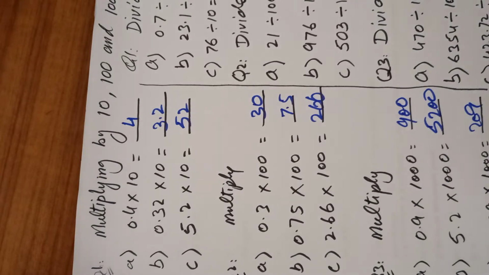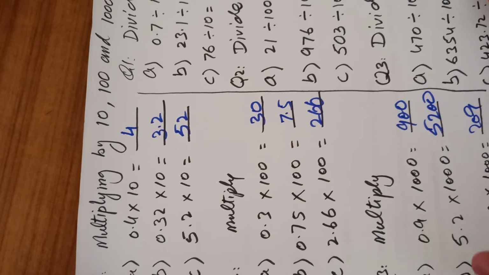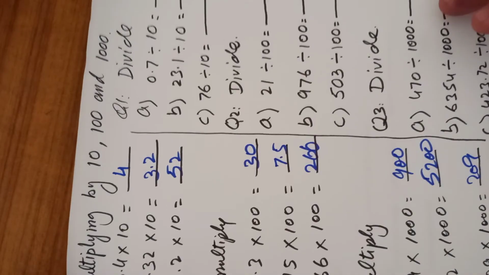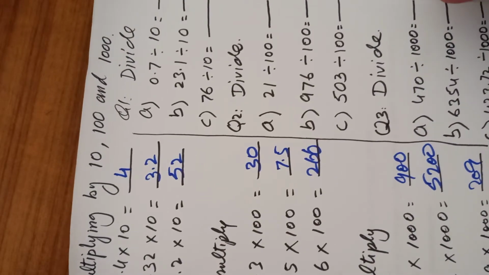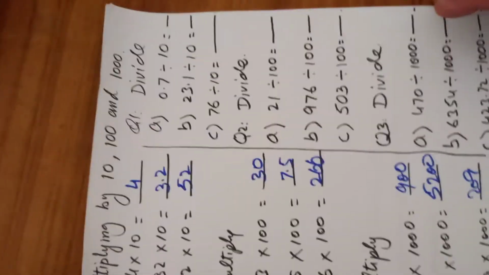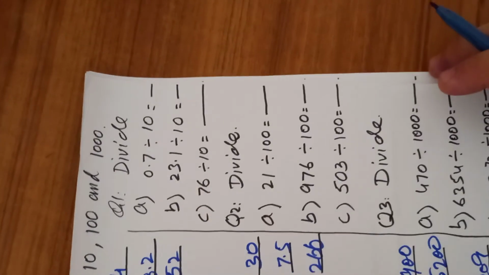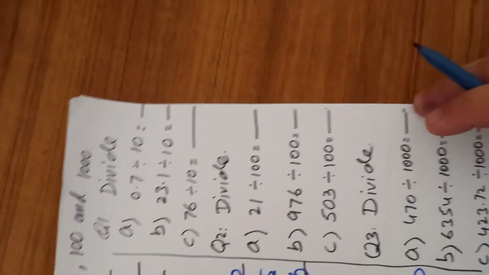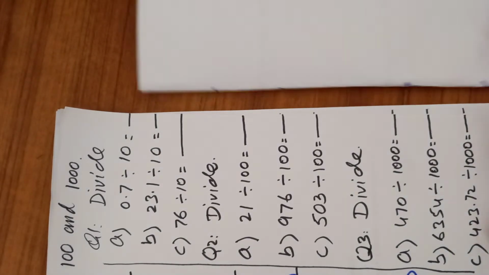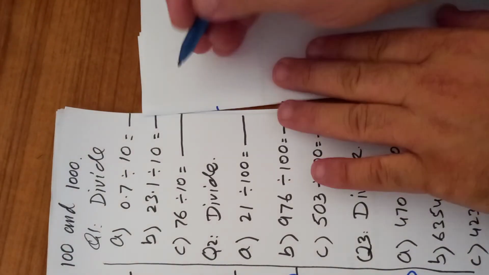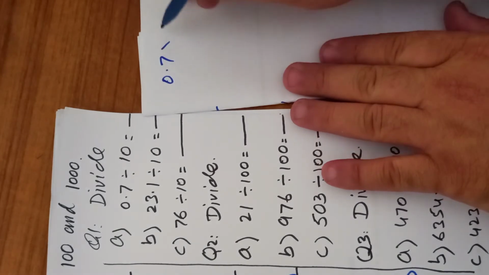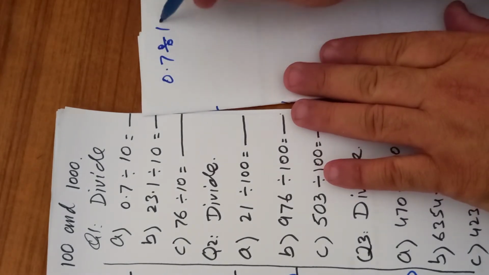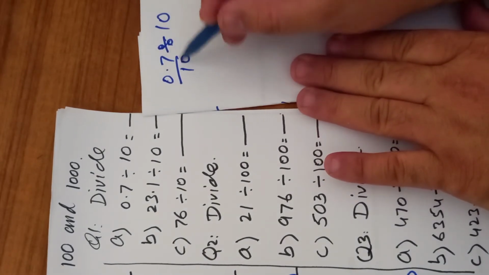So this is question number 1 for the division, you can see that we are dividing these numbers. In the first question we can see 0.7 divided by 10, so get rid of the decimal.